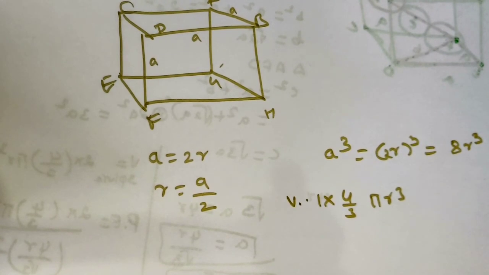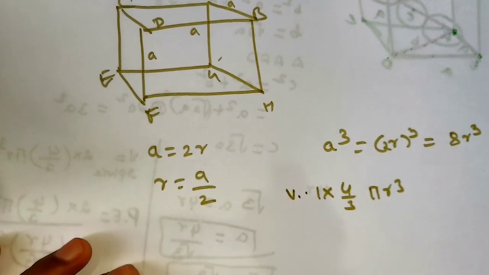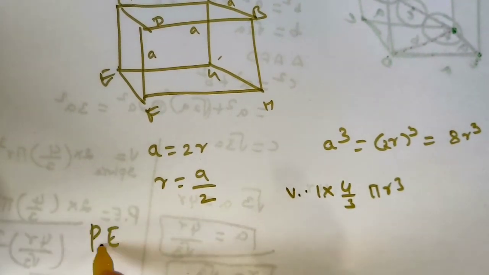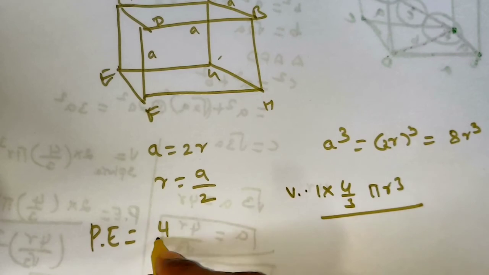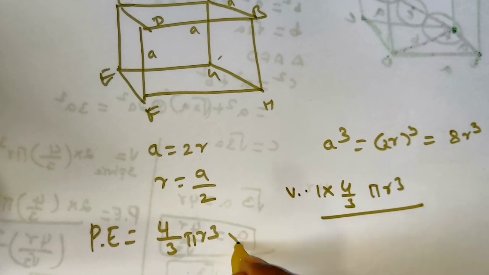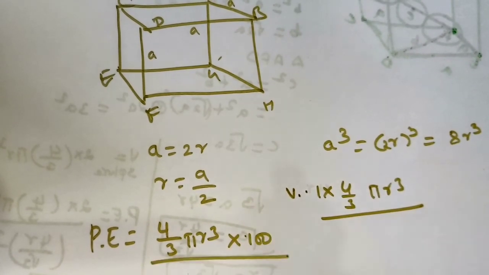We know A cube and the volume occupied by the atoms, and we also know only one atom is there. So packing efficiency is equal to what can we write? Volume occupied by the one sphere, that is 4 by 3 pi r cube into 100 upon A cube, which we already know is 8r cube. When we simplify this, how much do we get?